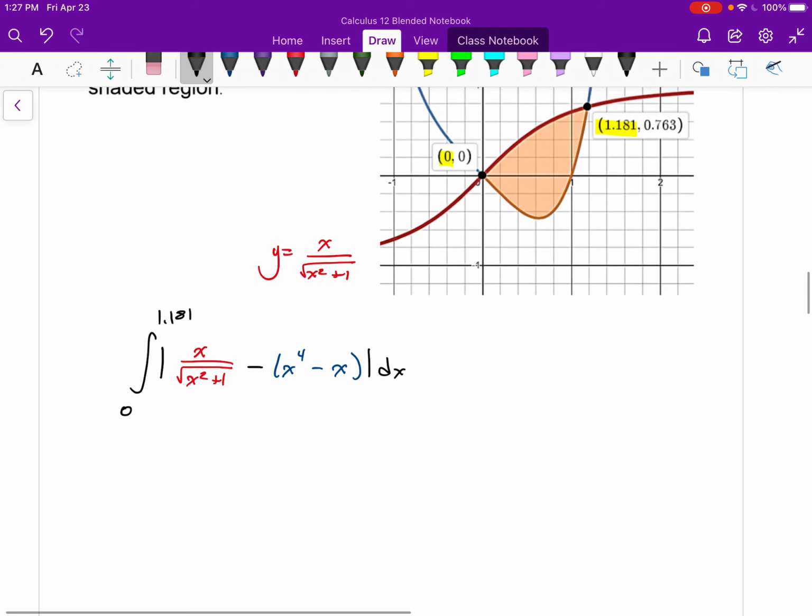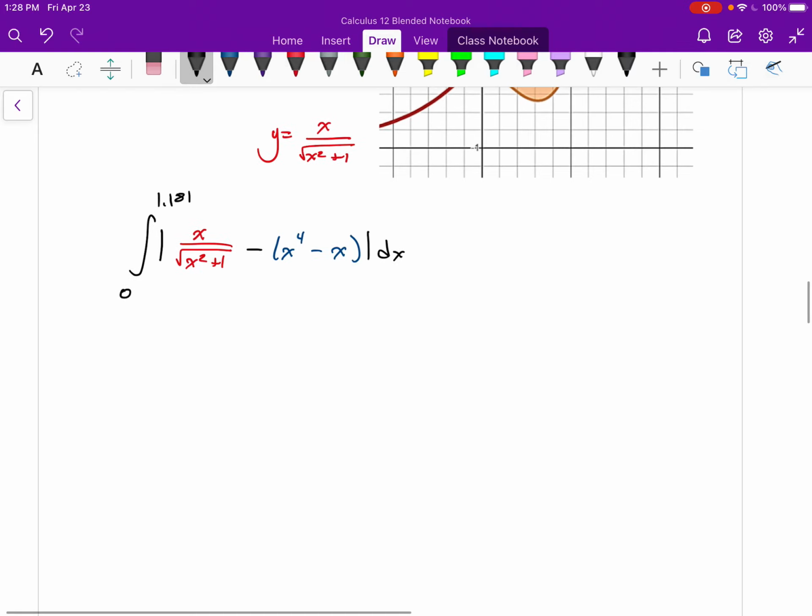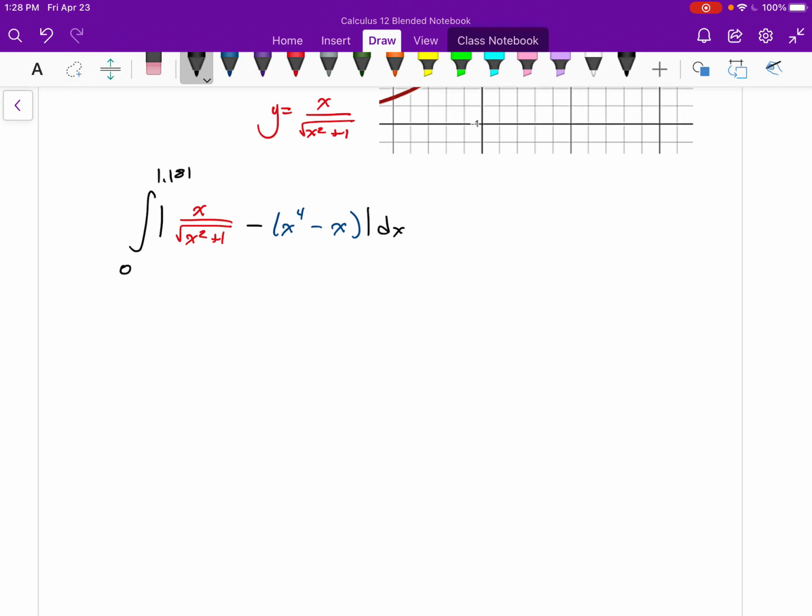But like I said, in this interval, x over root x squared plus 1 is always greater than x to the power 4 minus x. So those absolute value brackets are inconsequential, which is nice. At this point, I'm going to break this up into two separate integrals, because the integral in red, this one here, is going to be a little bit more work to integrate than this one here, which I can just integrate really quickly.